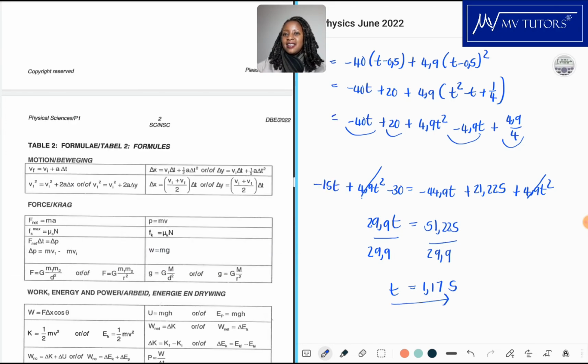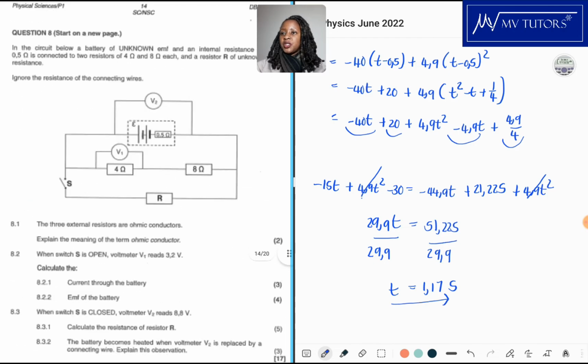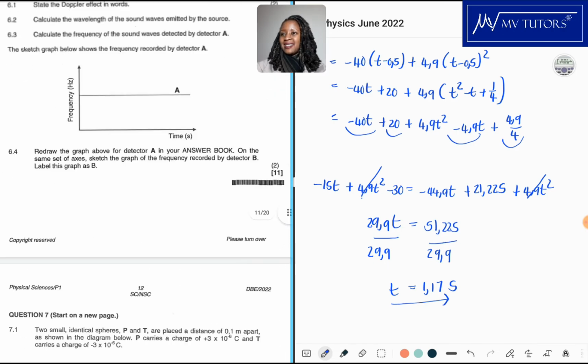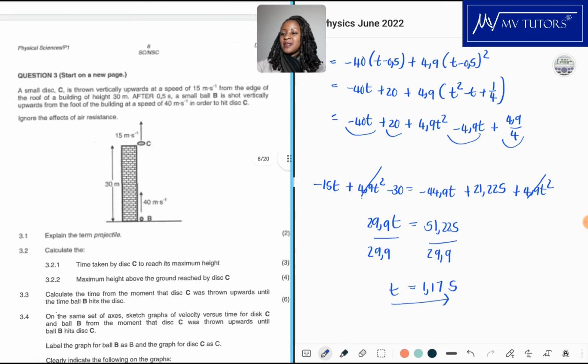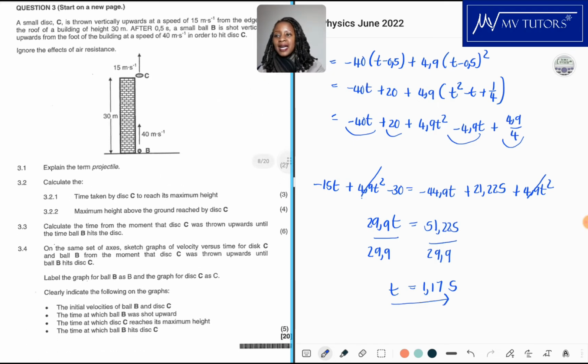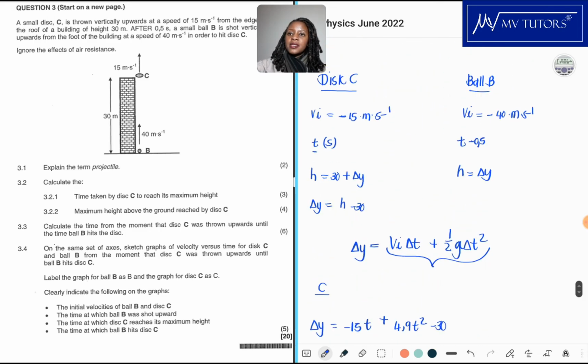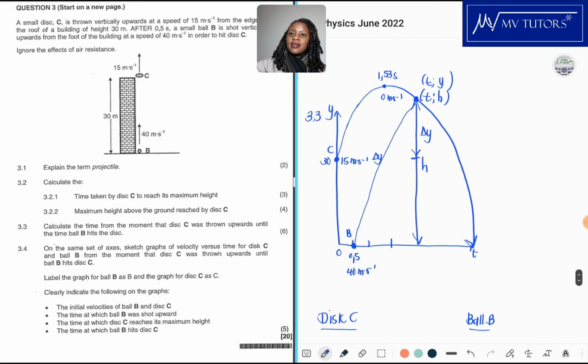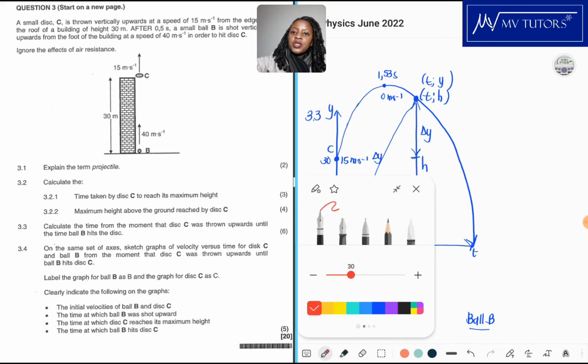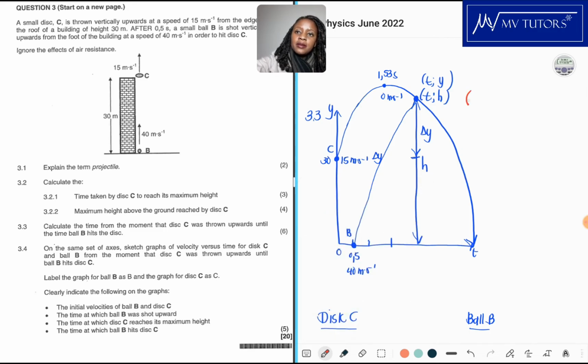Getting back to the question, are we done? Do we need to do something else? It said calculate the time from the moment that disk C was thrown upwards until ball B hits the disk. So in our sketch, we now have the value for that time, which is 1.71, and we have a particular y value there.